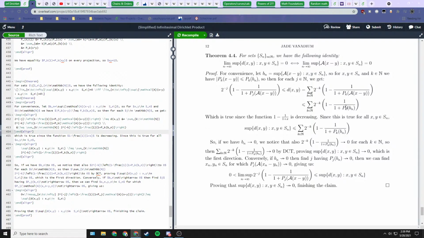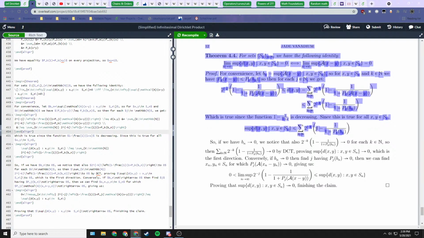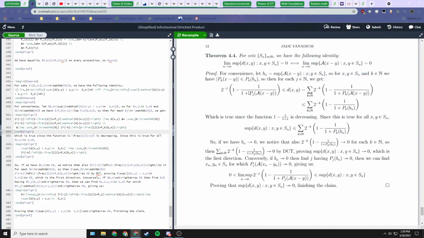Then, since this upper bound is independent of x and y, we can actually take the supremum of these distance functions. So the supremum of these distance functions is less than or equal to this expression.